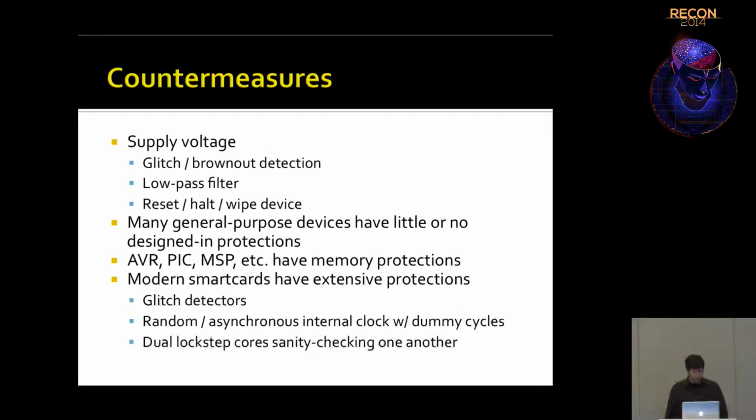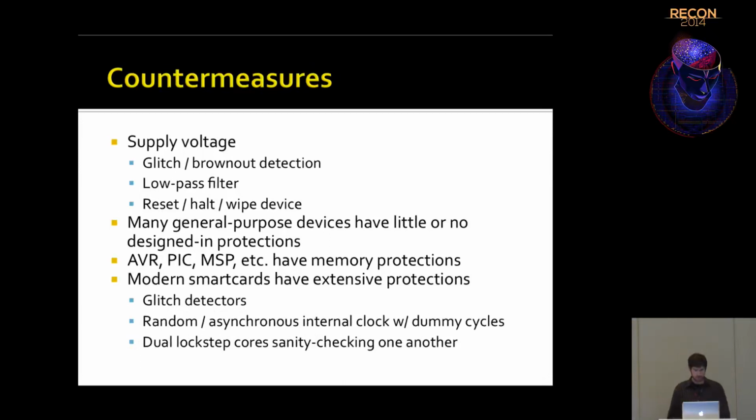Some further countermeasures on the supply voltage side: glitch or brownout detection that watches when the voltage drops too low and then either resets the device, ignores the glitch, or does some sort of punitive damage back towards you. A low pass filter will just basically ignore that glitch. And then reset, halt, wipe the device.